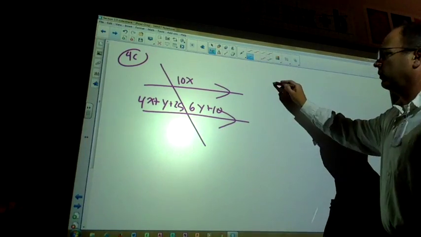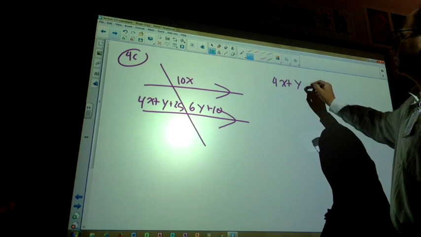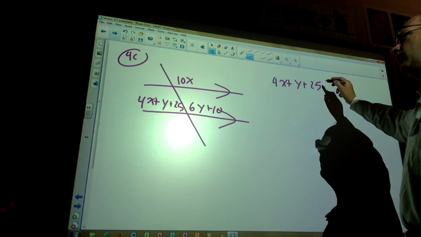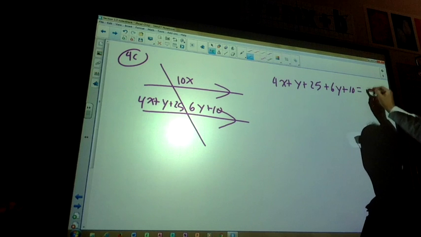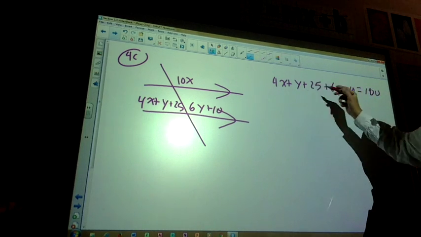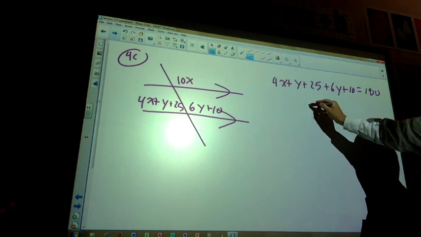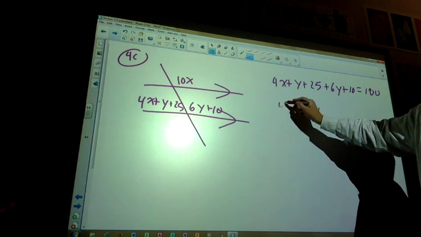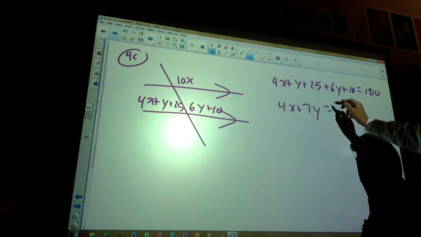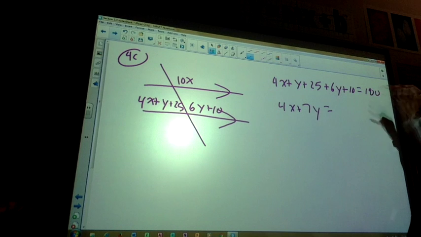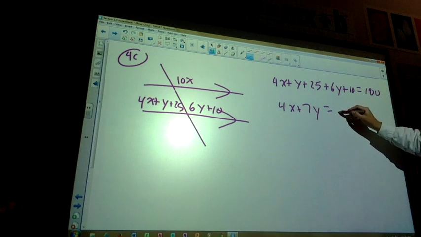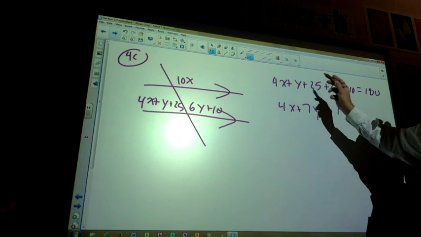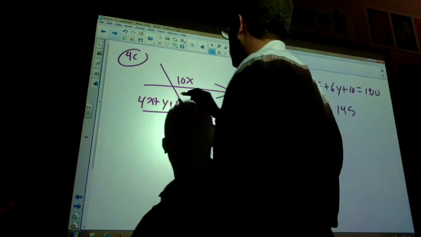So I know that 4x plus y plus 25 plus 6y plus 10 equals 180. Let's clean this up a little bit. 4x plus 7y. That's 25, 35. 180 minus 35 is 145, thank you. So that's what these two come together to give us.